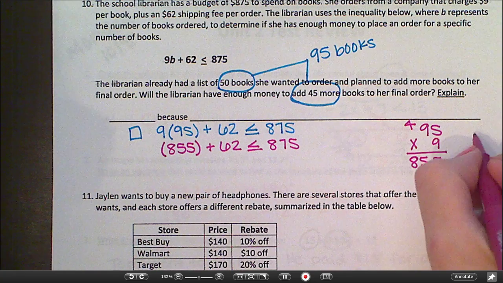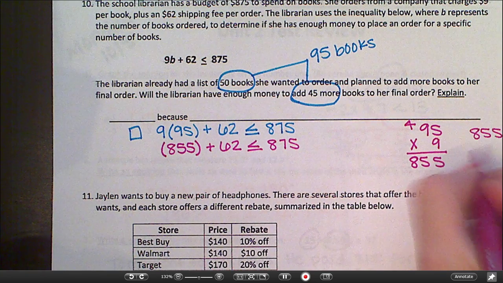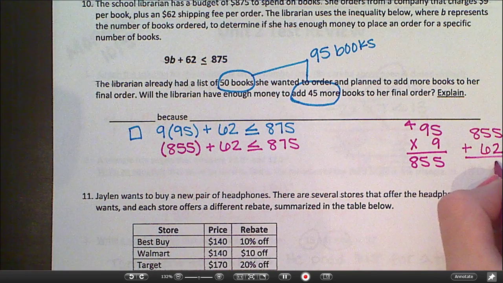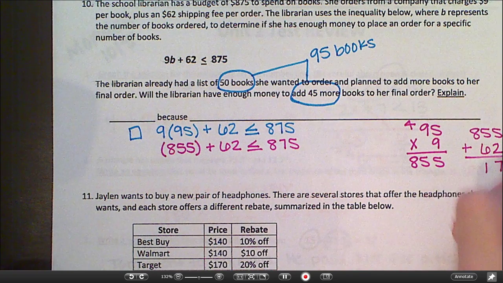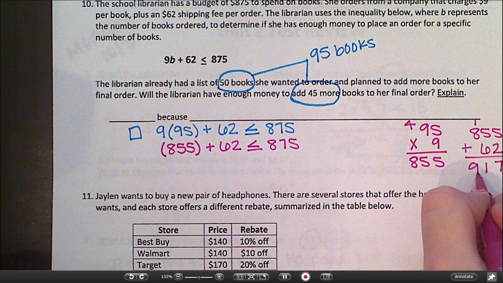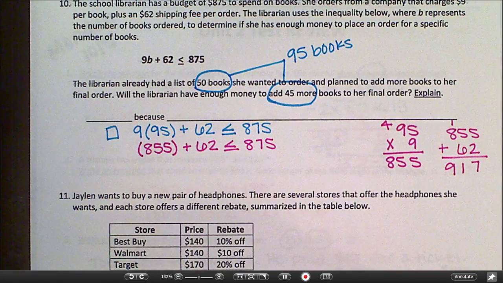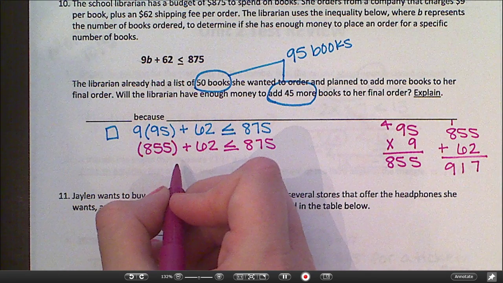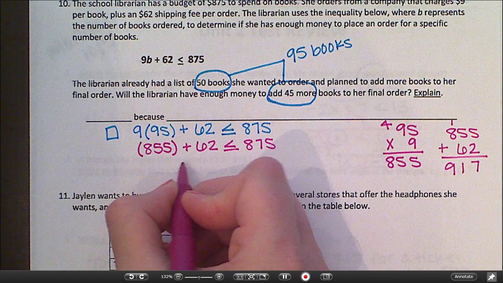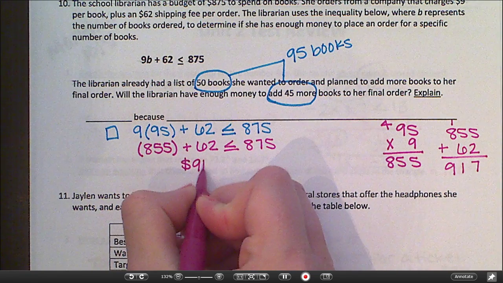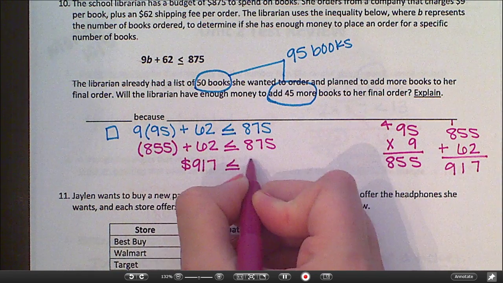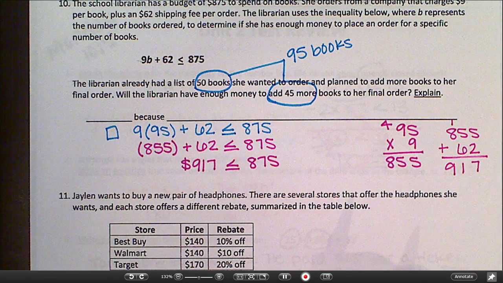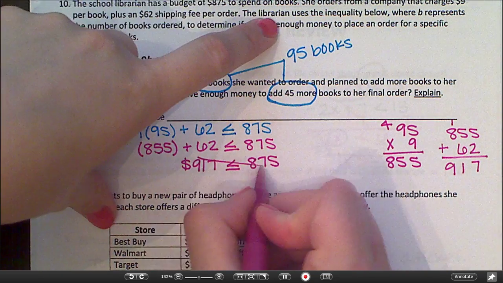Let's go ahead and say $855 plus $62 for shipping. Work this out on your paper. Well, if I'm going to order 95 books at $9 a piece plus $62 for shipping, that's going to be $917. Is that less than or equal to $875? Nope. So that does not work.